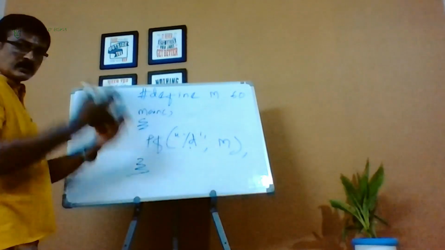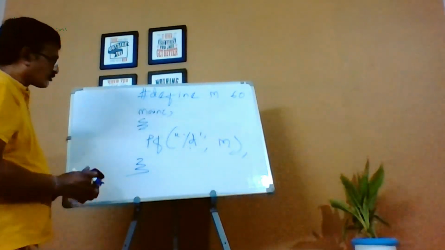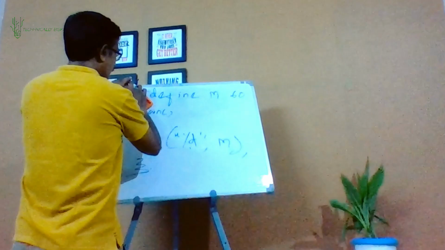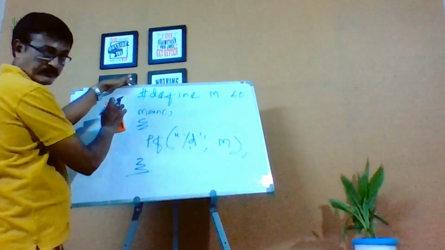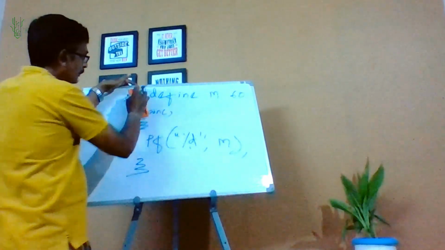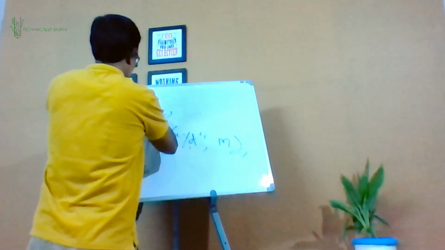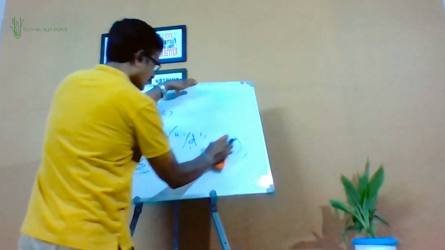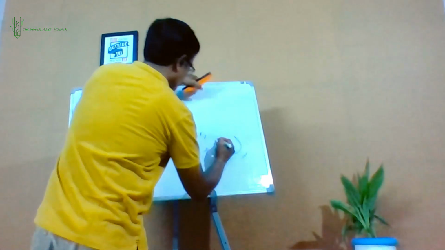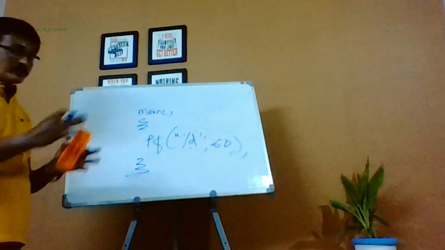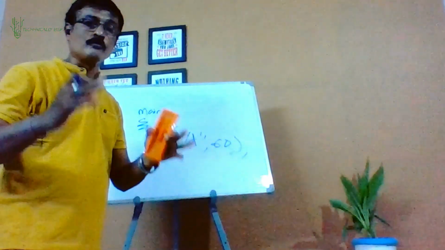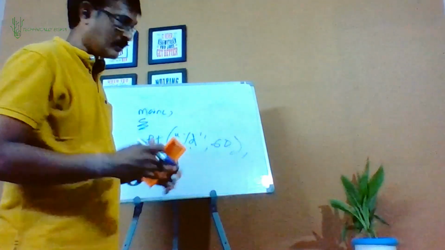The moment it is converted into expanded source code, it will not have this line. Take care to see it properly. It will not have this line. Rather, here M will be replaced with the value 60. This becomes your expanded source code. Got it? So this is a sample of what exactly preprocessor is all about.